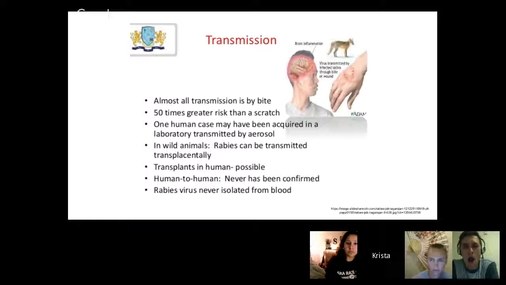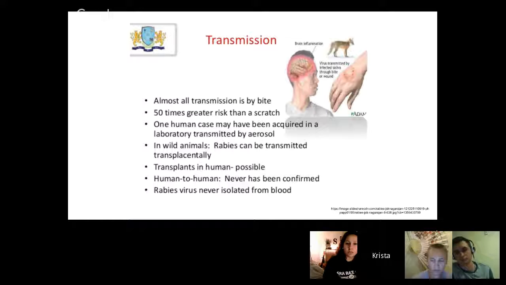Almost all transmission is by bite, which is a 50 times greater risk than a scratch. One human case may have been acquired in a laboratory, transmitted by aerosol. In wild animals, rabies can be transmitted by aerosol. Transplants in humans is also a possible way to transmit rabies. Human to human transmission has never really officially been confirmed, or at least they don't have any documents on it. And the rabies virus is never isolated from the blood.